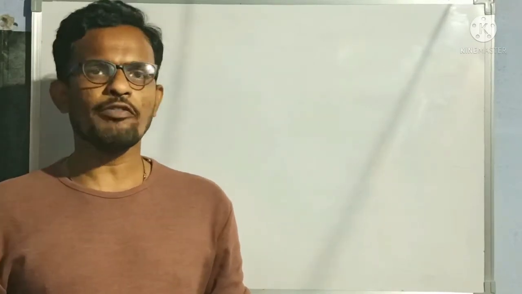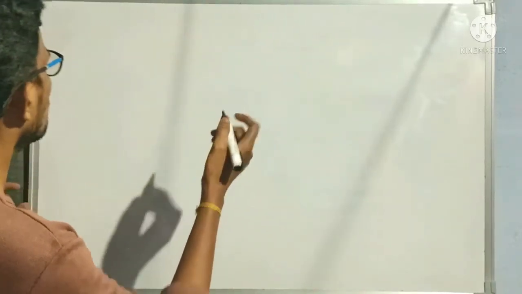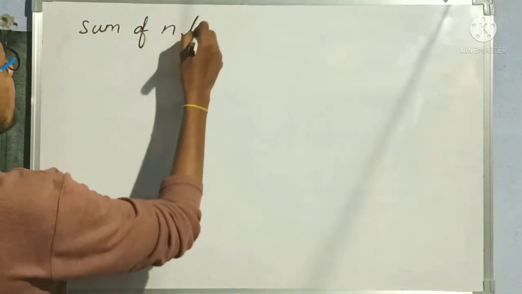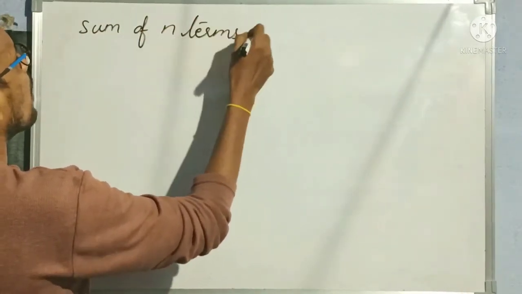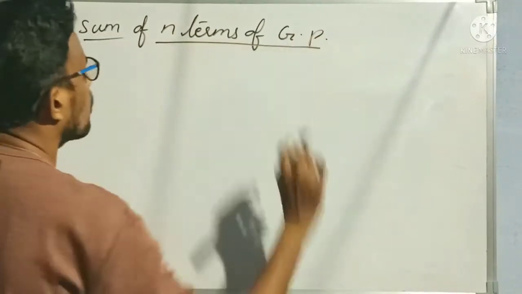So today let us continue our geometric progression with our next topic, that is sum of n terms of geometric progression. How to find it? Sum of n terms of GP, geometric progression.